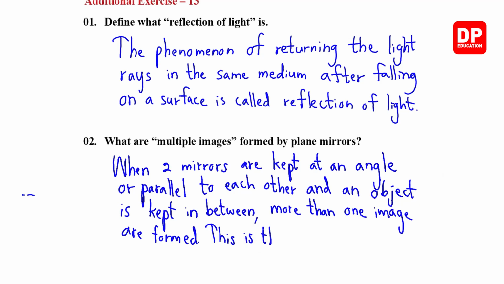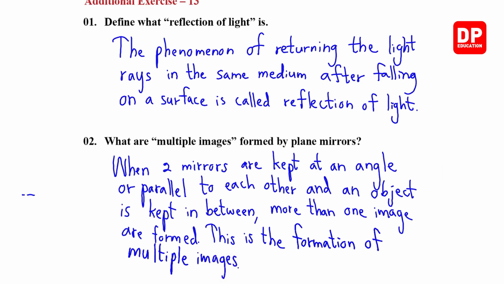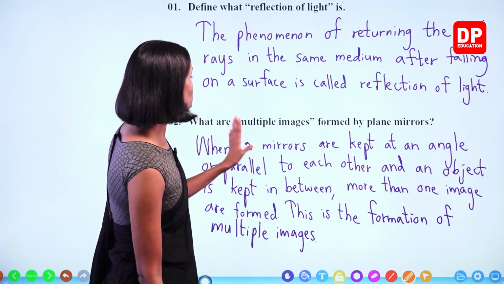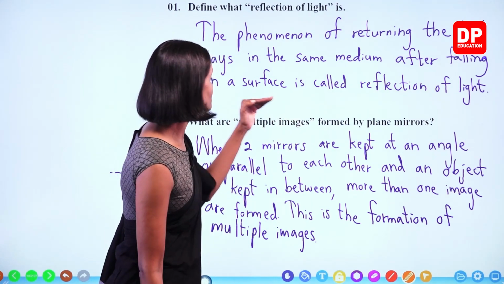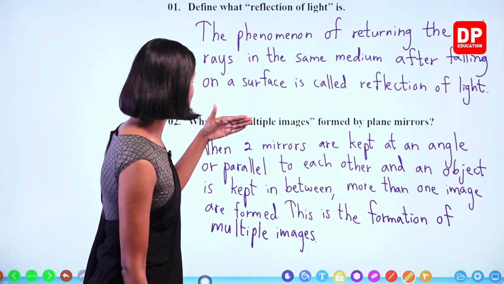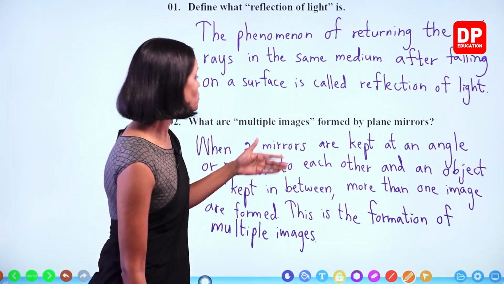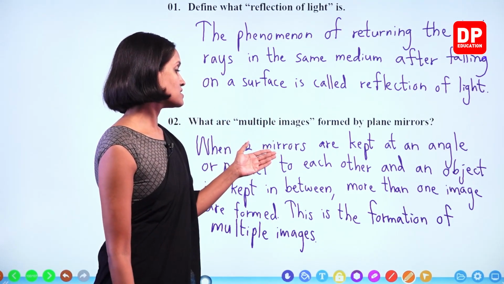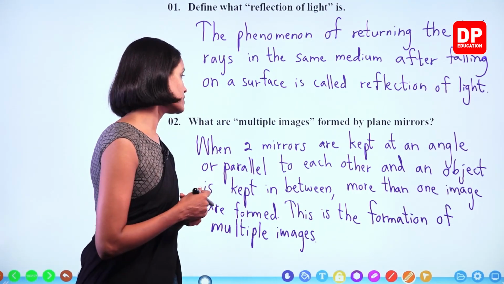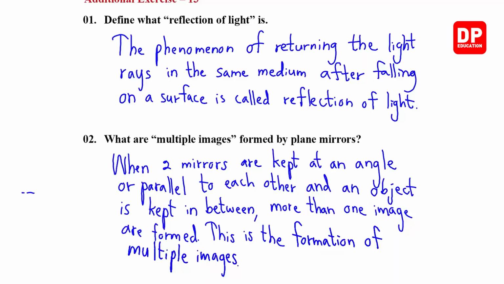This is the formation of multiple images. Right, children? When two mirrors are kept at an angle or parallel to each other and an object is kept in between, more than one image are formed. This is the formation of multiple images. Okay, children? We'll move on to the next.